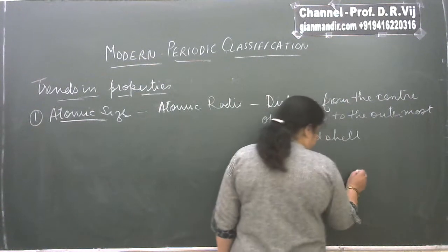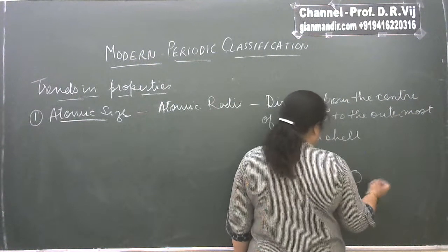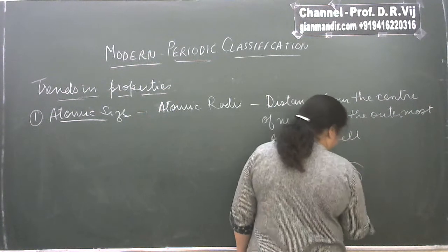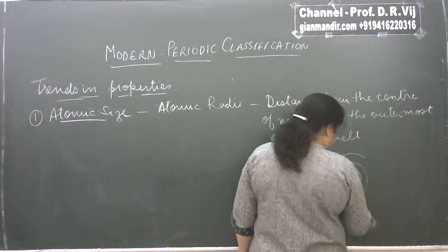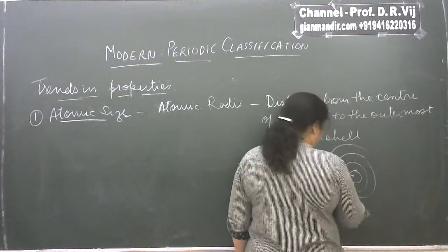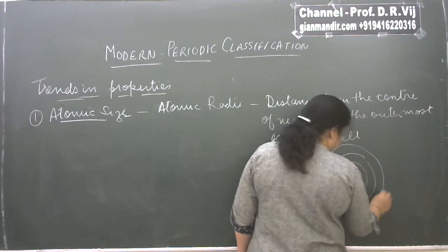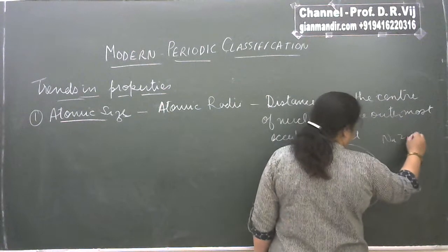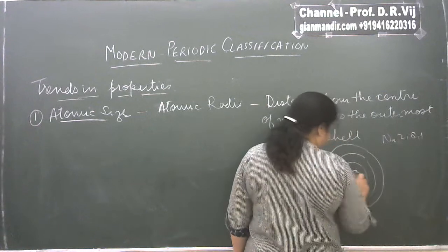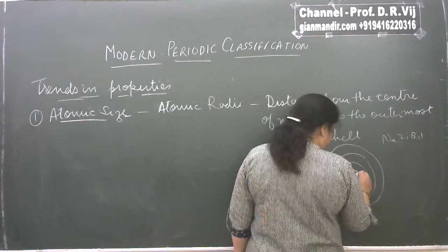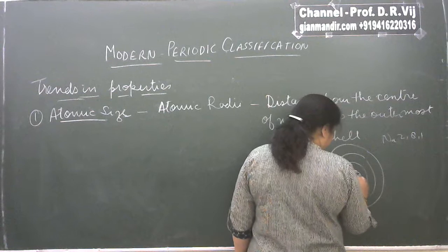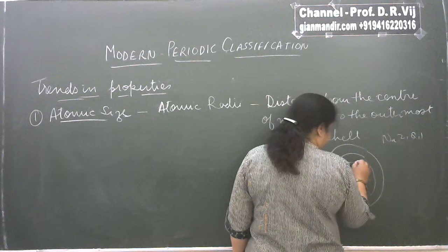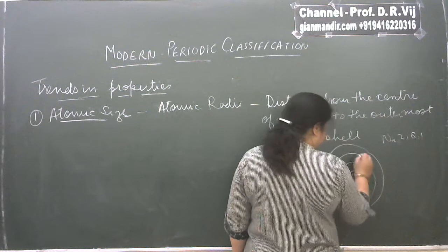Like say, if we talk about the atom having say three shells, so it is the nucleus here, it is the first shell, it is the second shell, and here we have the third shell. Say we are talking about the sodium atom having configuration 281, then in the nucleus of the sodium there are 11 protons, 12 neutrons, and in the first shell how many electrons are there? 2 electrons.